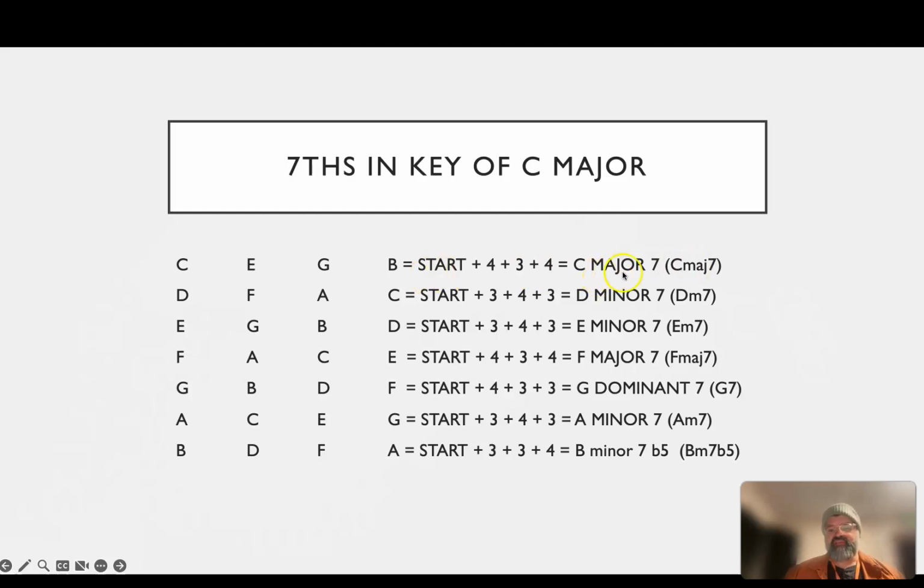And that produces a major 7th. So that spacing of start note plus 4 semitones to the next note, plus 3 to the next, and then plus 4 gives us a C major 7.